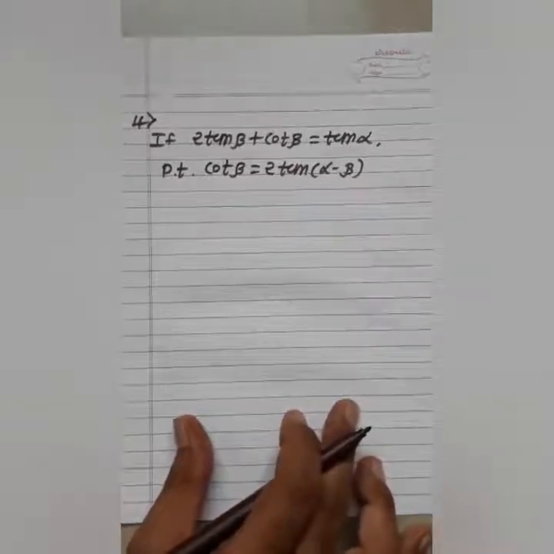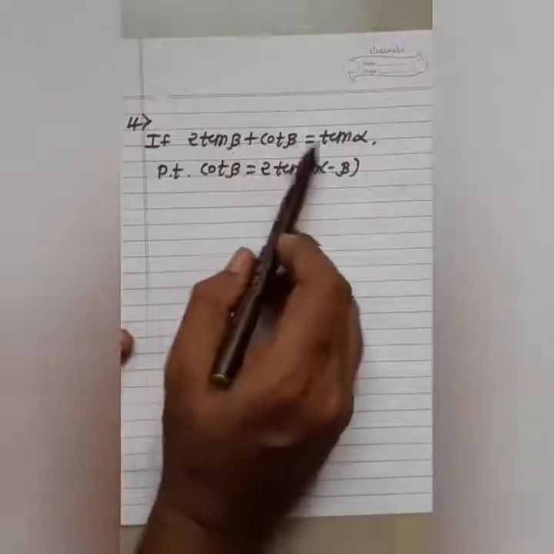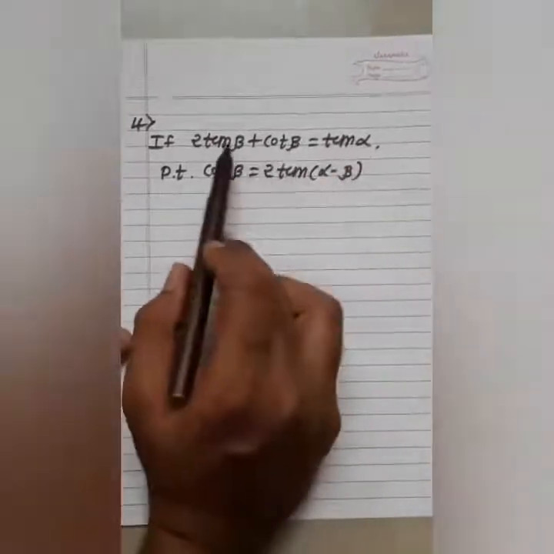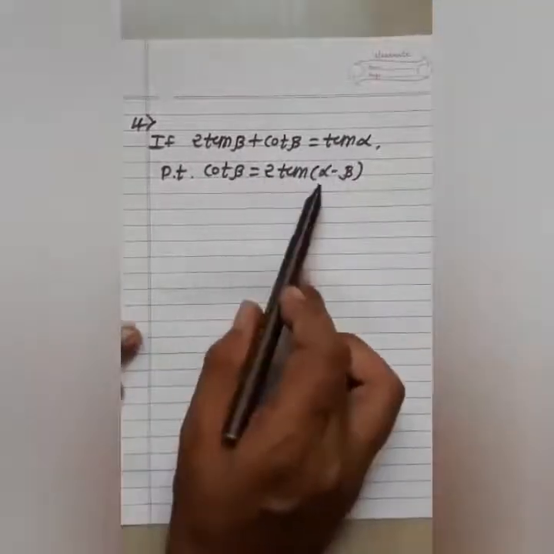So here in this question a condition is present: 2 tan beta plus cot beta is equal to tan alpha. This condition is given, and using this condition we can prove this result.